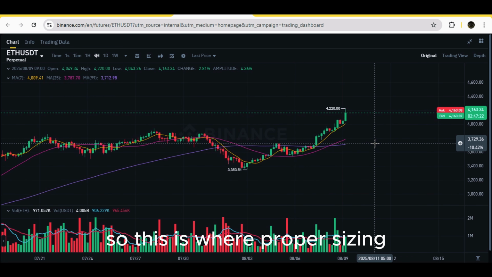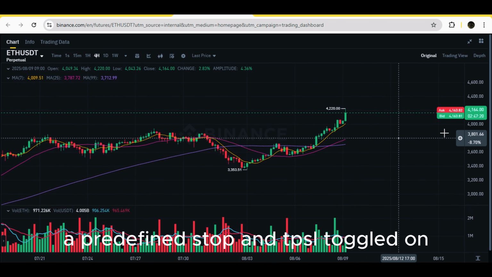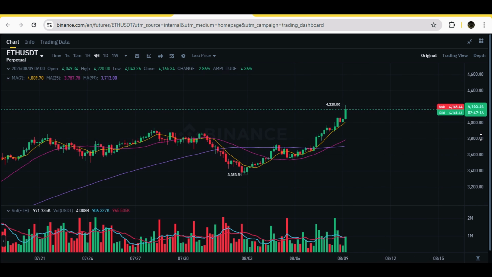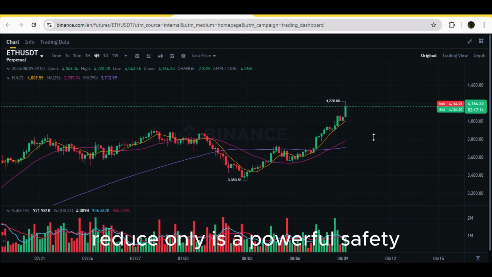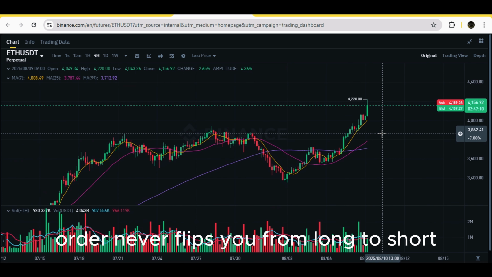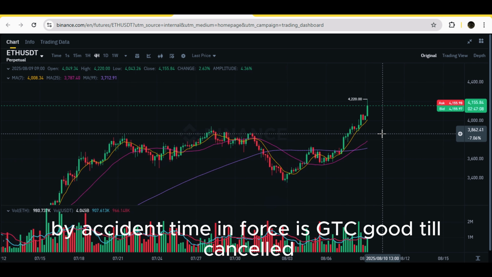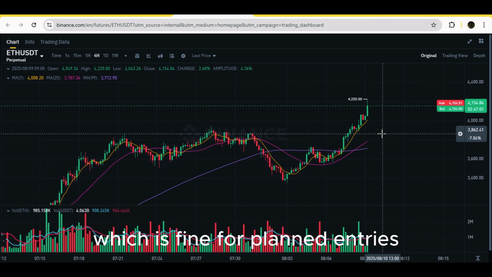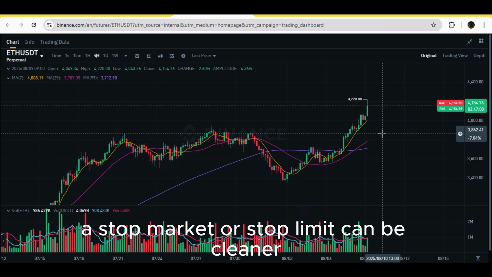So this is where proper sizing, a predefined stop, and TPSL toggled on are non-negotiable. Reduce only is a powerful safety. Check it when taking profits, so your take profit order never flips you from long to short by accident. Time in force is GTC, good till canceled, which is fine for planned entries. For momentum breakouts, a stop market or stop limit can be cleaner.